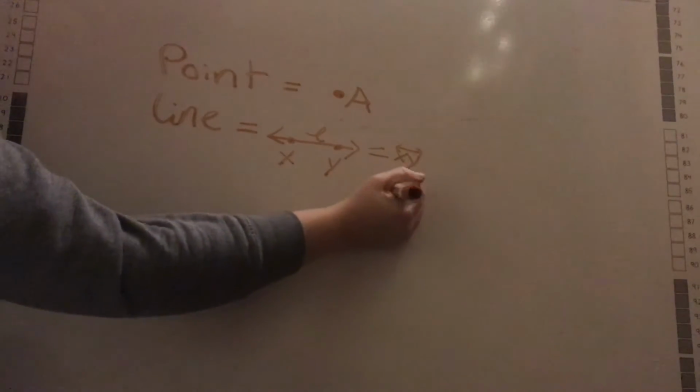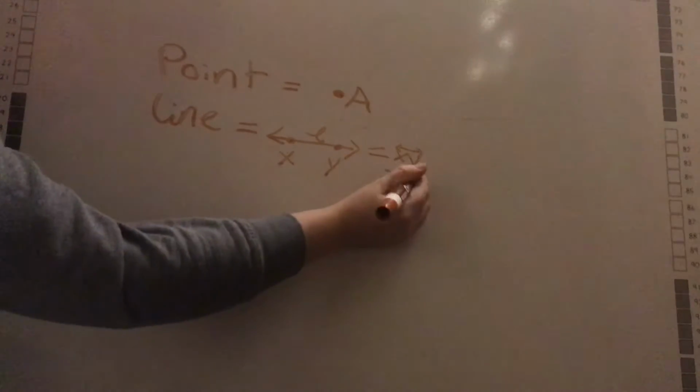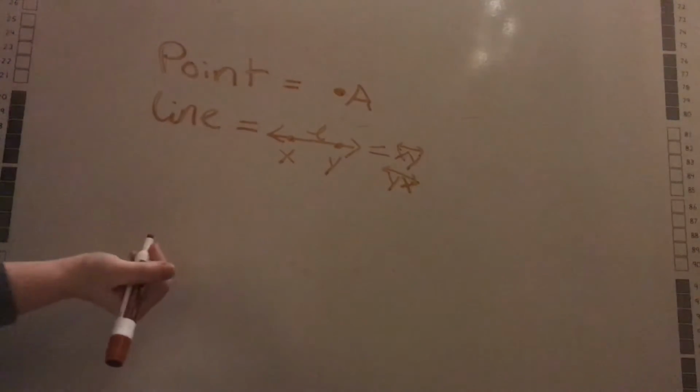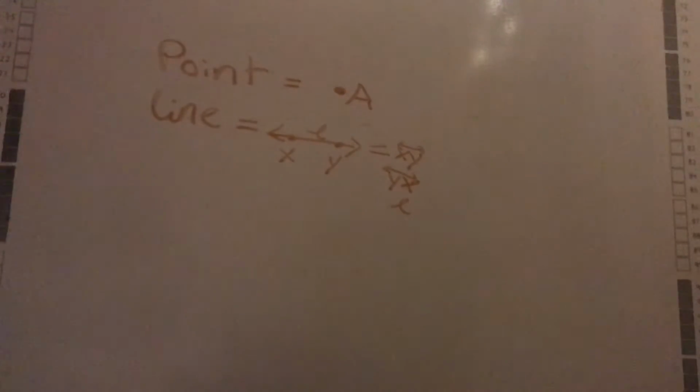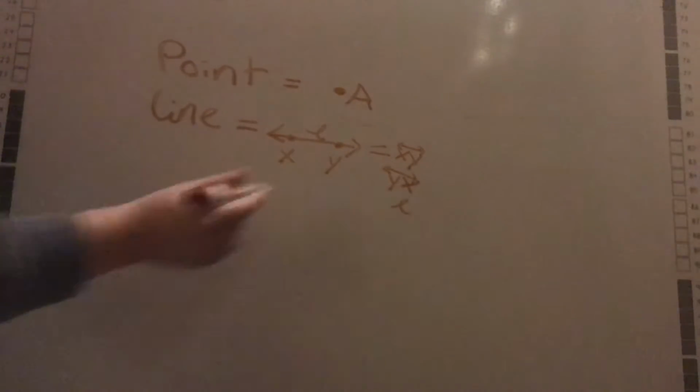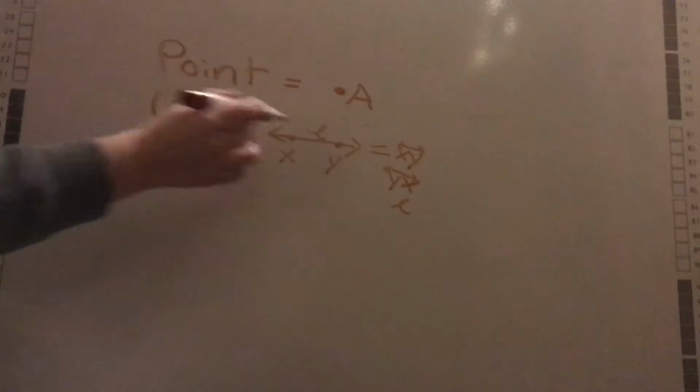Or you can do Y, X with the line over the top of it. Or you can write the lowercase letter. Okay, so two points, the line, or a lowercase letter that represents that line.